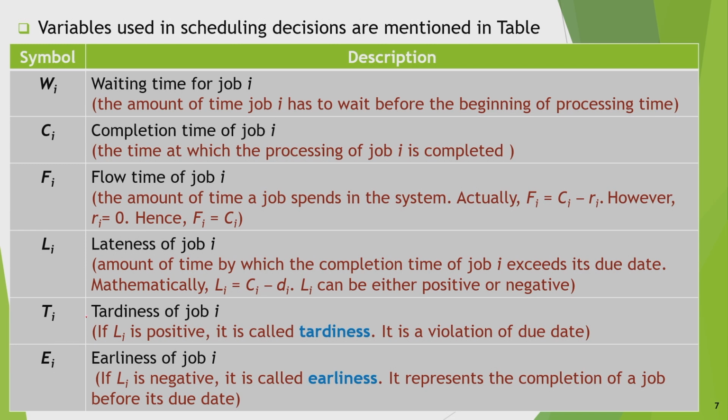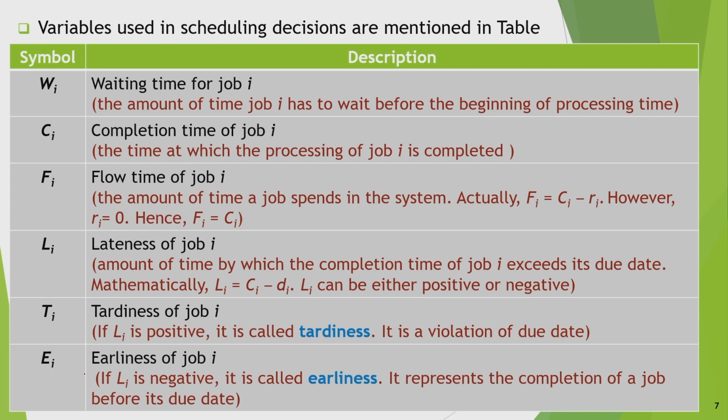Wi is the waiting time for job I, that is the amount of time job I has to wait before the beginning of processing. Ci is the completion time of job I, the time at which the processing of job I is completed, and Fi is the flow time of job I, the amount of time a job spends in the system.